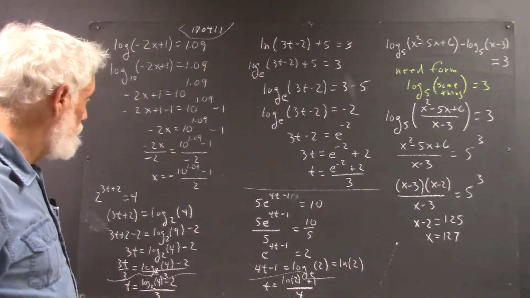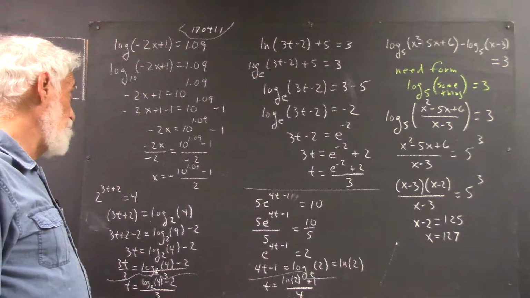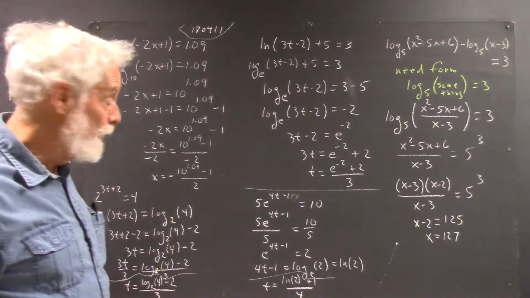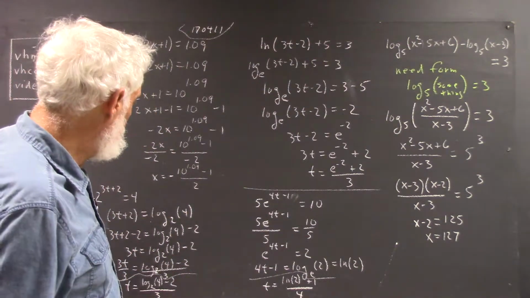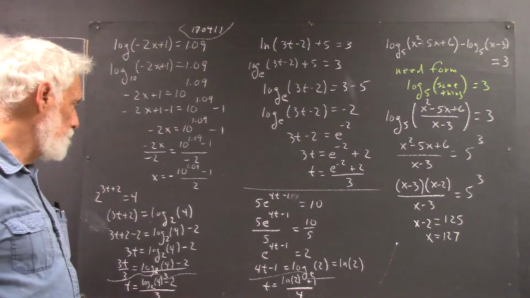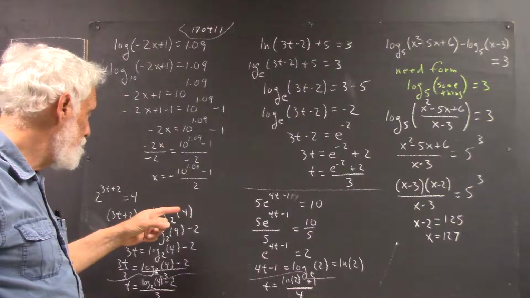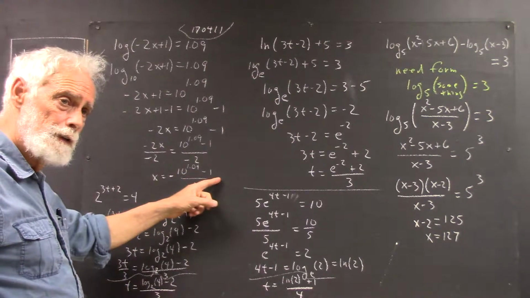Now, what's 10 to the 1.09 power? I can't estimate that very accurately, although if I thought through it, I'd be able to use a very approximate Taylor series to do it. But you got to punch that into a calculator.